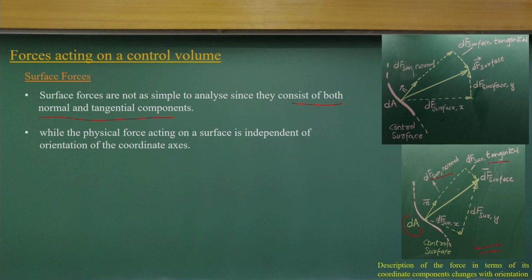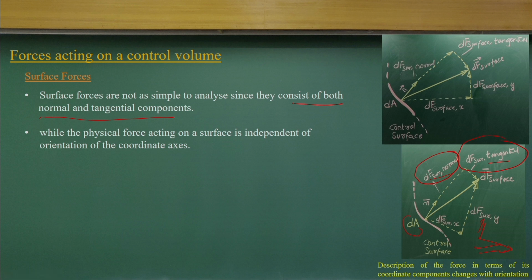If the force is acting in any direction at different angles, you will have a normal component and also a tangential component. But if you want the result as x and y components, that is the Cartesian coordinates, that is what is different here.